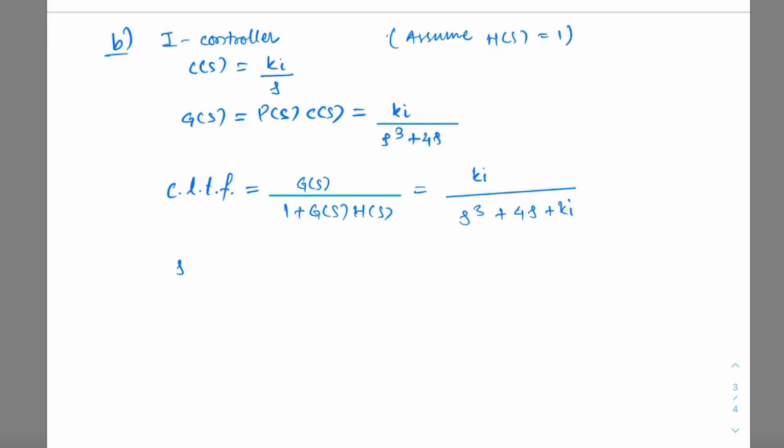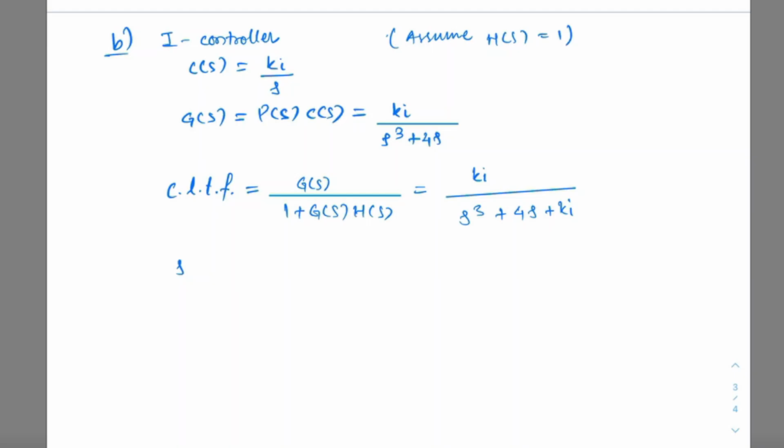If we write the Routh array for this, 1, Kd and 4, and if we calculate this value here, it will be Kd into 4 minus 0 over Kd, so that would be 4.